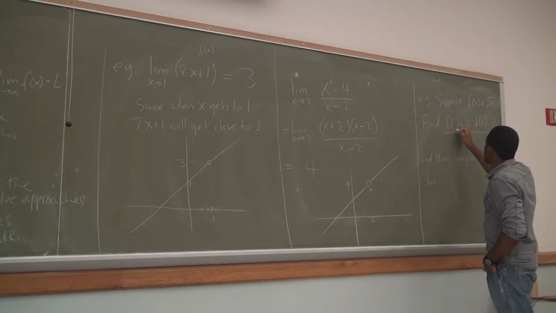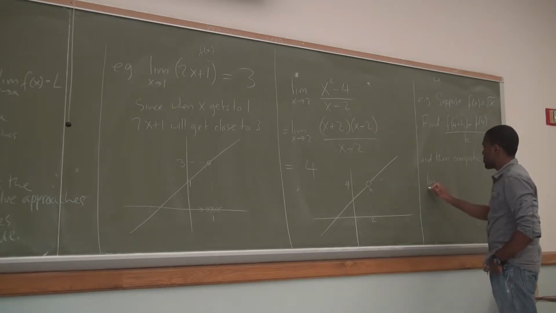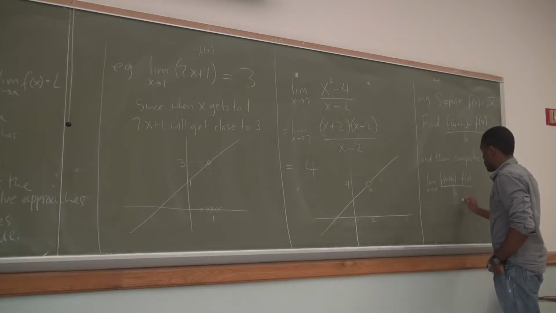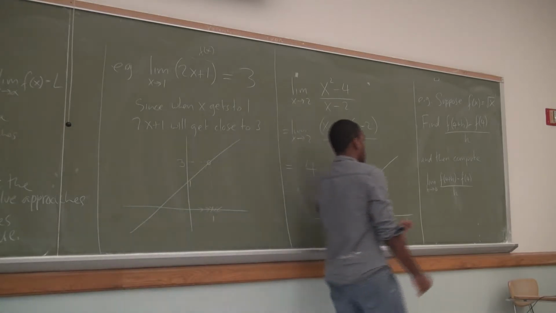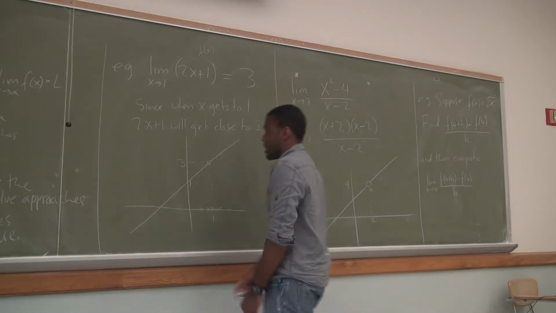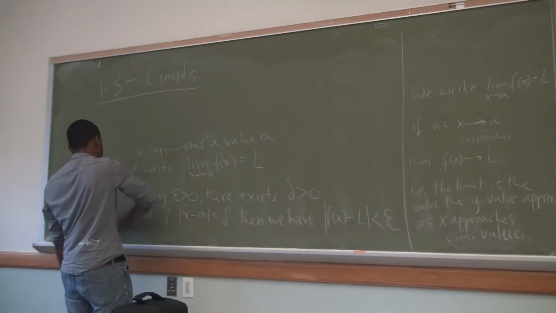Let's say that was your problem. I want to know what this thing approaches when h gets close to 0. My function is radical x. I create a new function from that function, and then I'm going to take a limit.